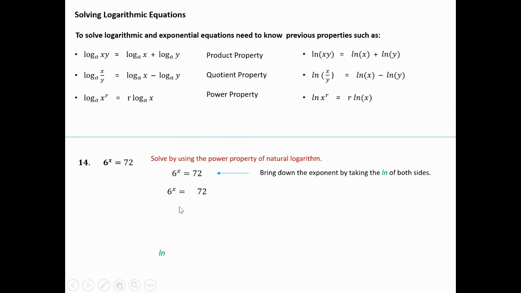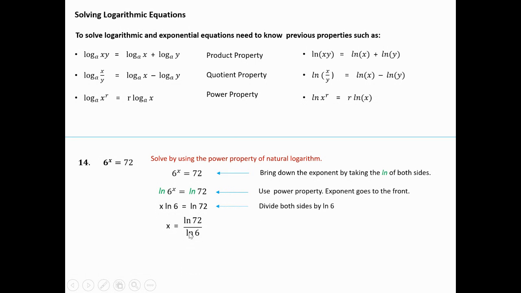Then we can apply this rule: the exponent comes to the front. So we have x ln of 6 equals ln of 72. Then we divide both sides by the ln of 6.